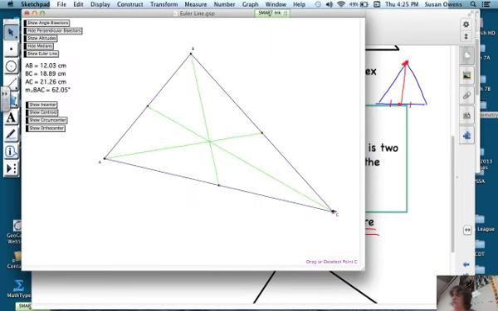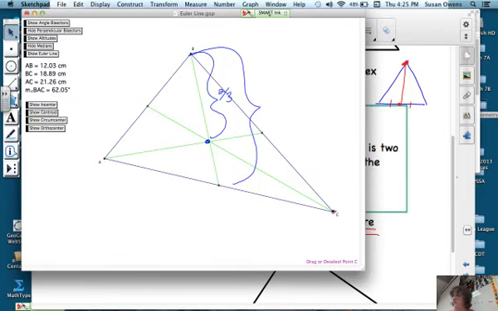Now the other thing it told me is that if you take the centroid, then the length from the vertex to the centroid is 2/3 of the length from the vertex to the midpoint on the opposite side.